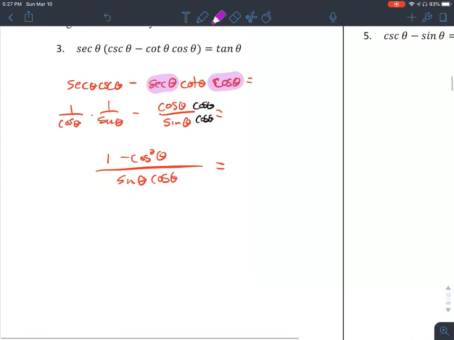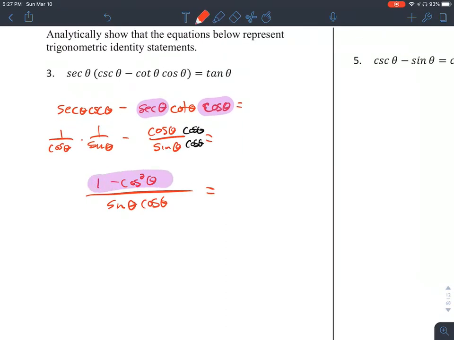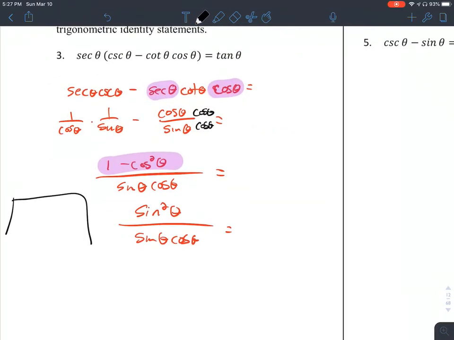Now in the previous problem, we established that that was the same as sine squared of theta. Let me remind you why with a little bit of side work. Sine squared of theta plus cosine squared of theta is 1. If you subtract sine squared of theta from both sides, you get that 1 minus cosine squared of theta is sine squared of theta.